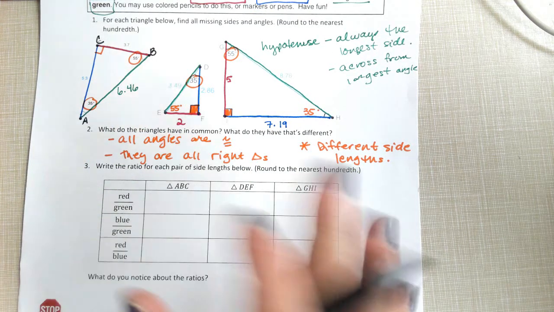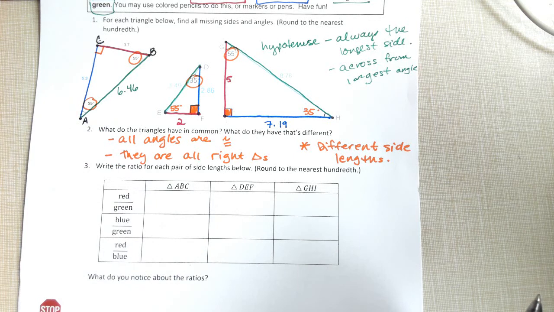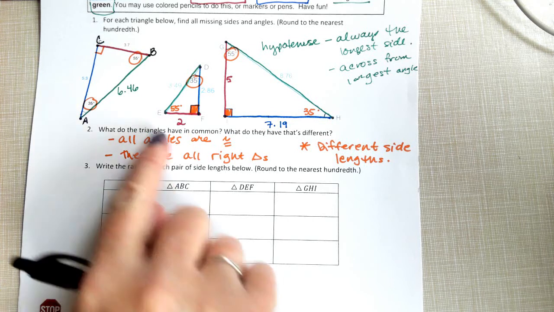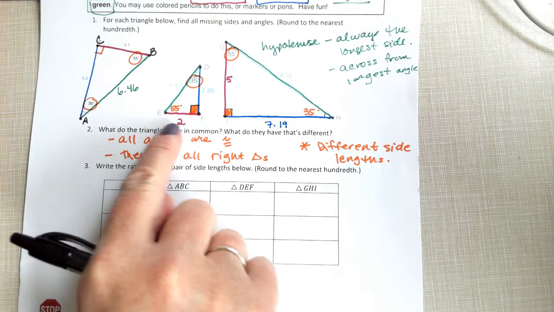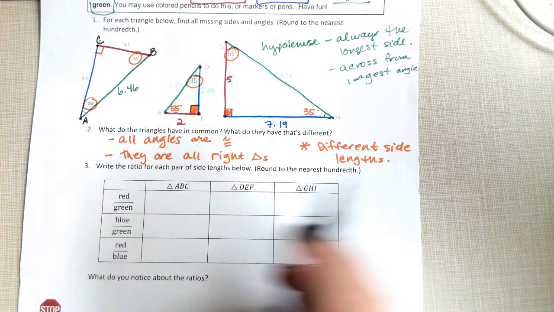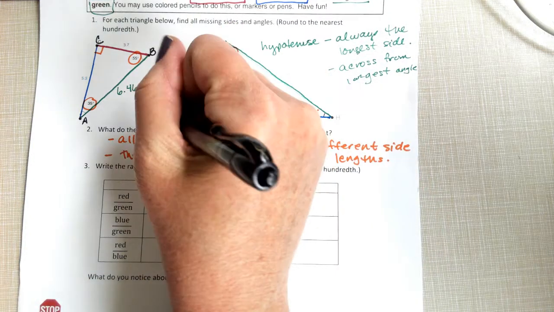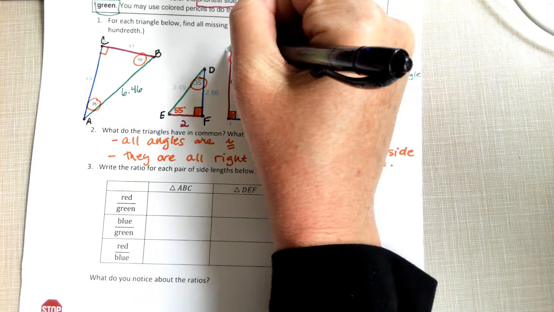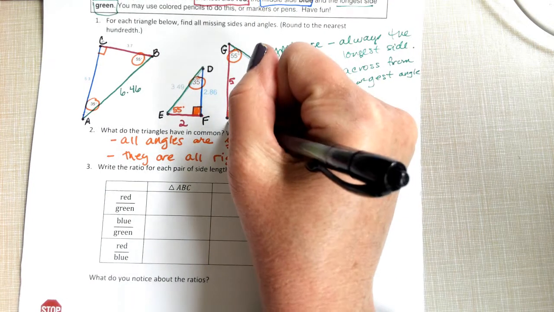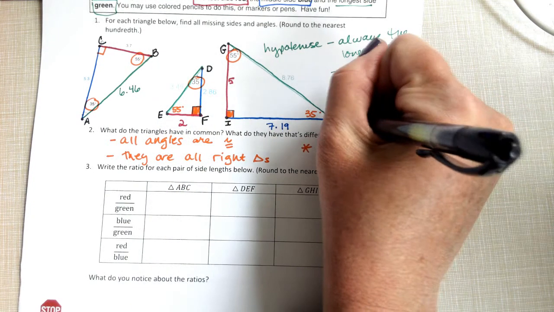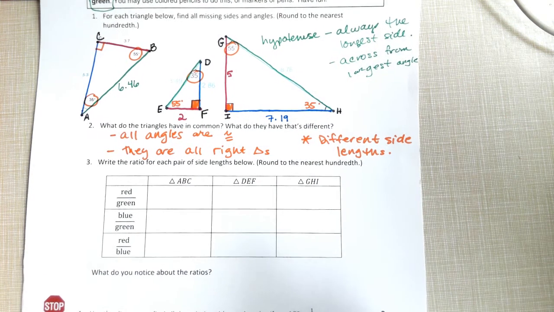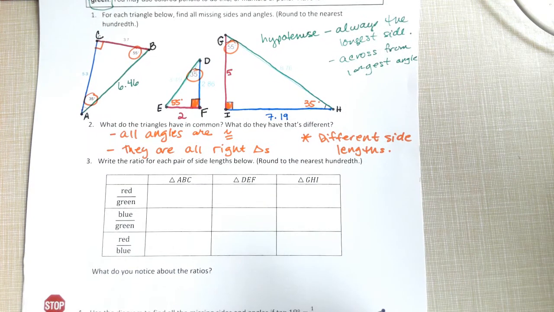So go ahead and do this. Every ratio of red over green, red over green, red over green. Then do blue over green. This is triangle DEF in the middle. And this is triangle GHI on the right. So go ahead and take a minute or two.